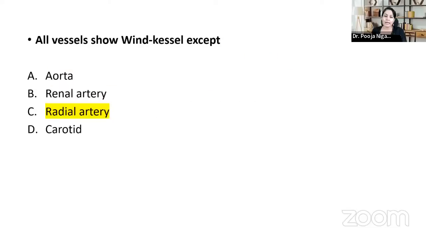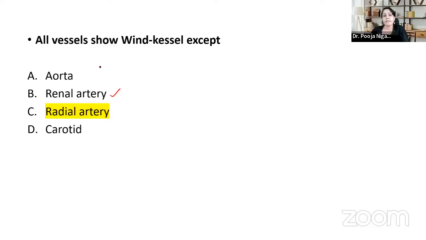Now, understand the Windkessel effect. The Windkessel effect is going to be given by what? By the large vessels, aorta and large vessels, right? And over here, the renal artery is a direct branch of the aorta. So yes, definitely, the renal artery is going to have more elastic fibers as compared to the radial artery.